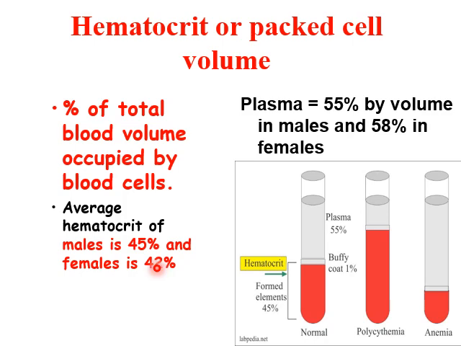So here cells, which cells? The three cells, RBCs, WBCs and platelets, their percentage. So the percentage of the formed elements or the cellular portion is known as hematocrit.